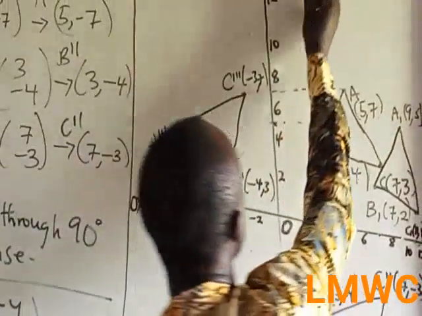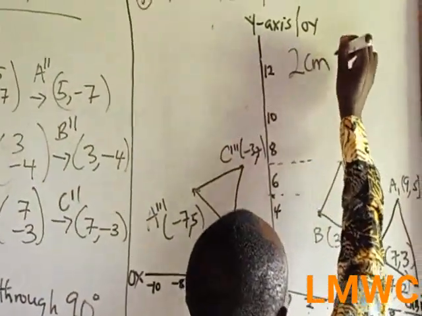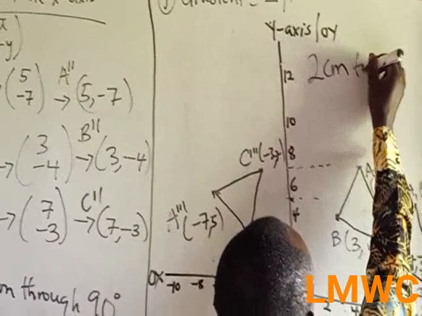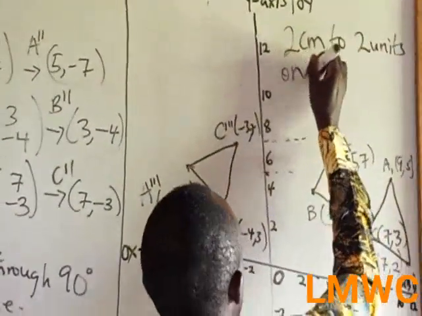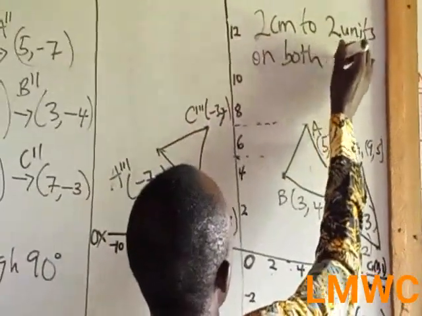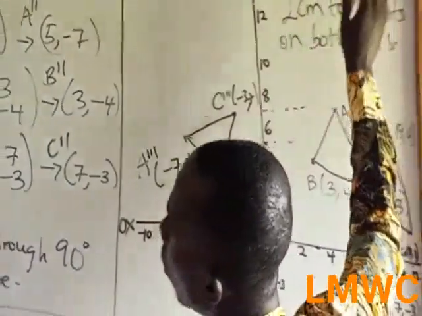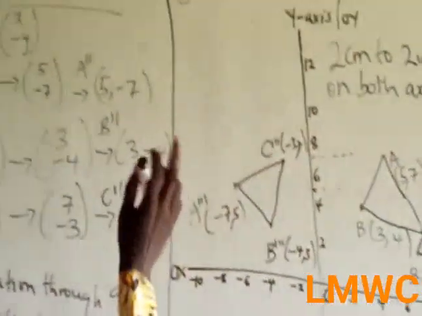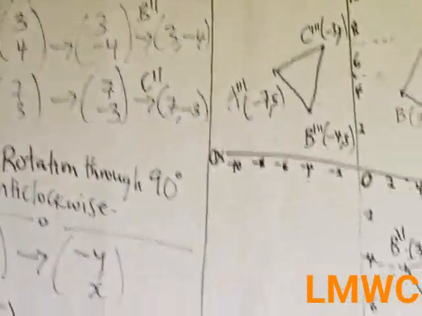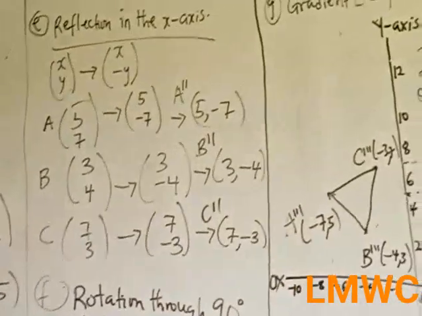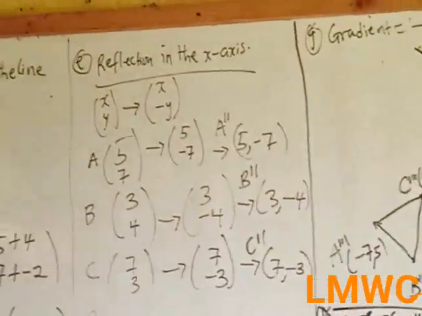So you label it, you write the scale: 2 centimeters to 2 units, because they will mark it on both axes. They will mark this one. So take note, 2 centimeters to 2 units on both axes.